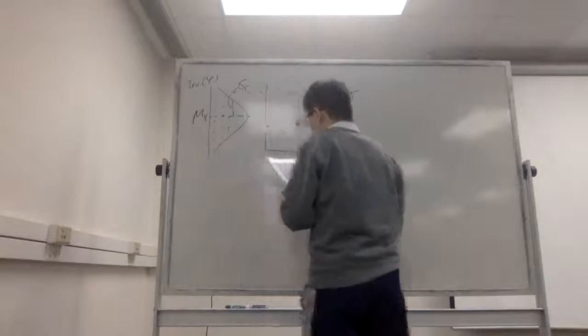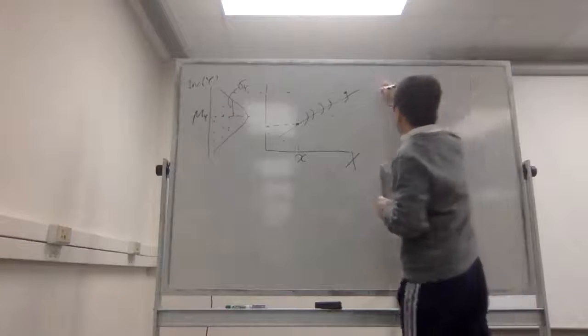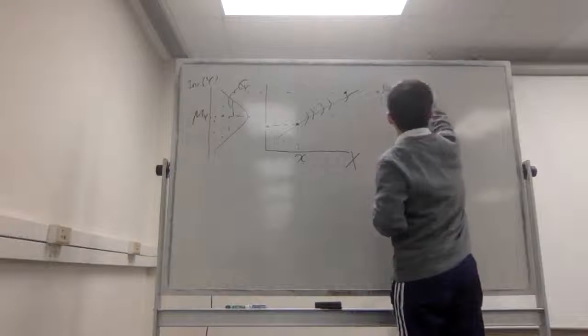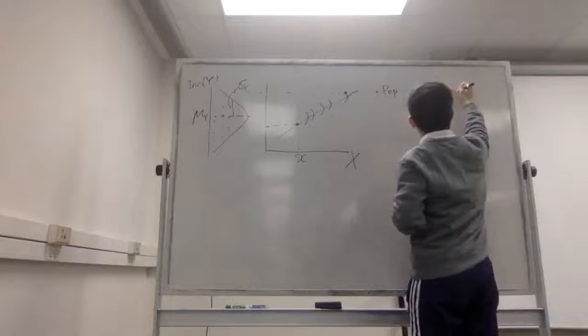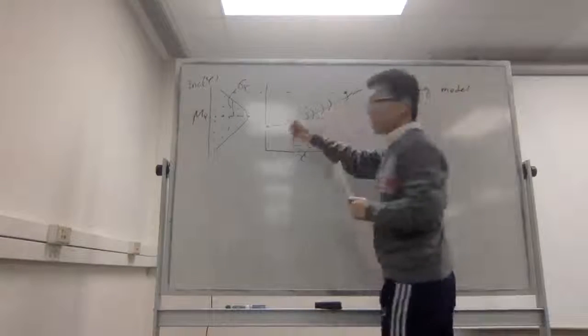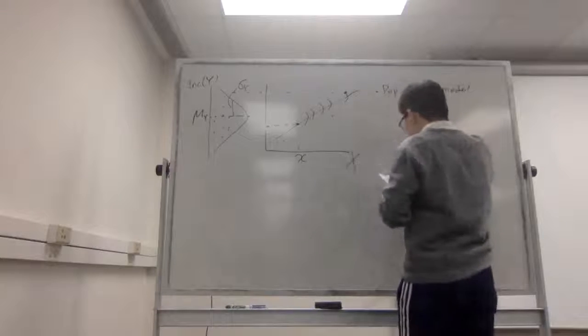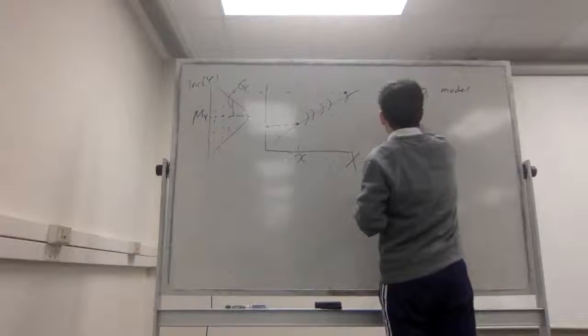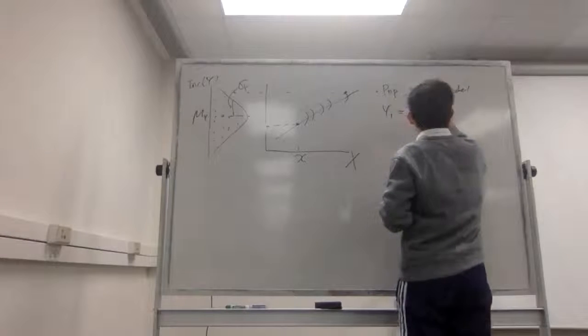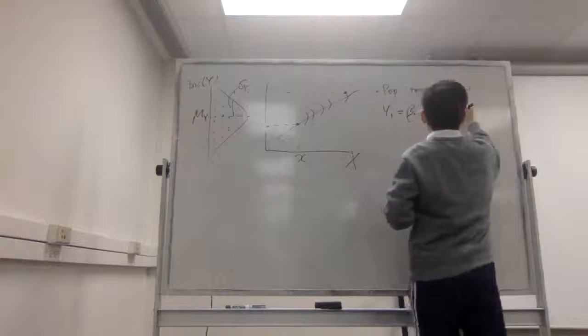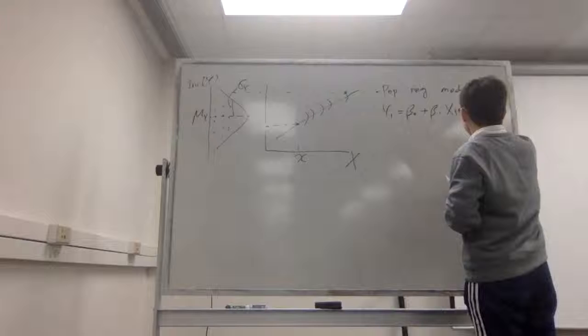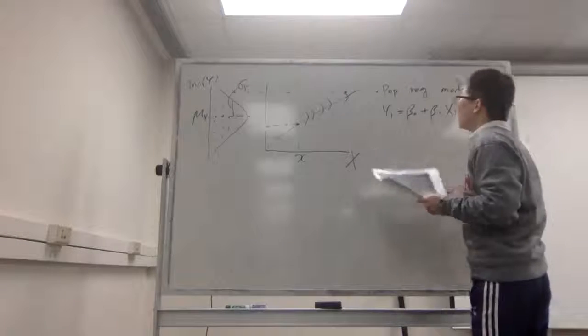In the population regression model, the regression line right here is noted as yi equals beta 0 plus beta 1 xi plus ei.